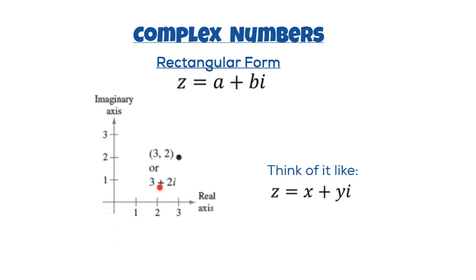So if you were to see something like 3 plus 2i, 3 is the real value, so you would plot 3. 2 is the imaginary value, so you'd go up 2, and it would plot a point. So this and this have the same idea, almost like you're thinking of it as an x plus yi. And so when you start thinking of it like this, now you can think of it on a rectangular coordinate system.